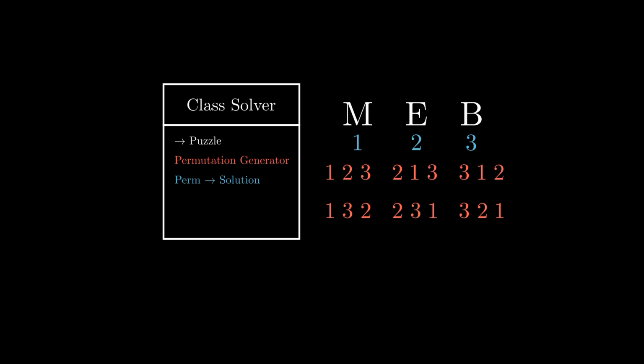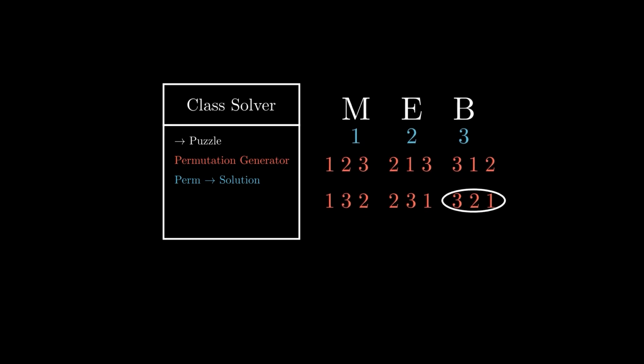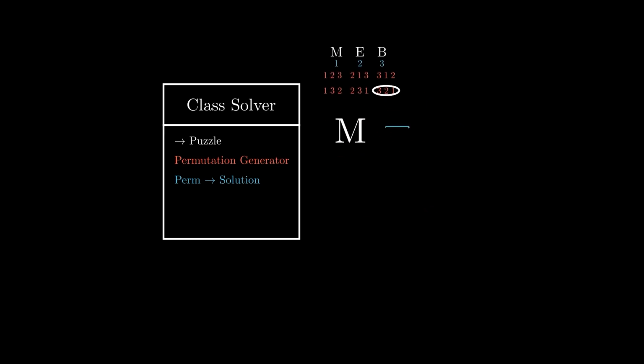As you recall, we chose the order for the unique letters of the puzzle to be M, E, and B. We want to use our chosen permutation as a map between letters and digits. The circled permutation 3, 2, 1 can be interpreted as assigning M to 3, E to 2, and B to 1.